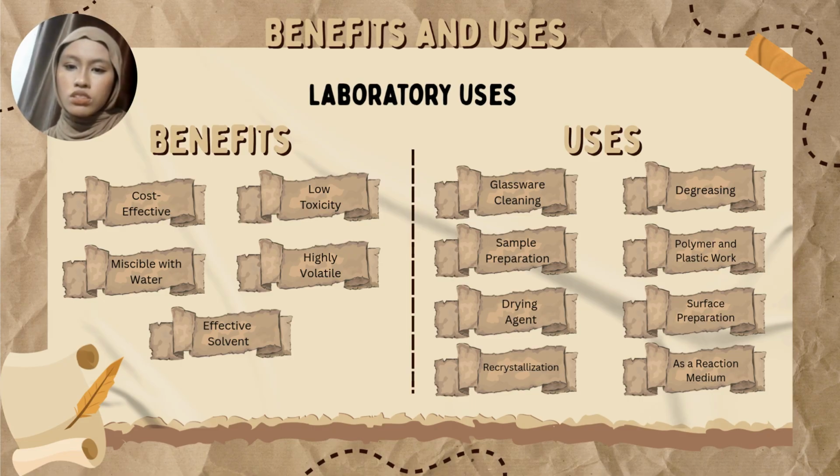Acetone is used to dissolve or soften plastics and polymers in research or sample preparation. Seventh, surface preparation. Acetone cleans and preps surfaces before coating or analytical procedures. Lastly, as a reaction medium, acetone is also used as a solvent in some organic reactions, although it is limited by its reactivity and volatility.